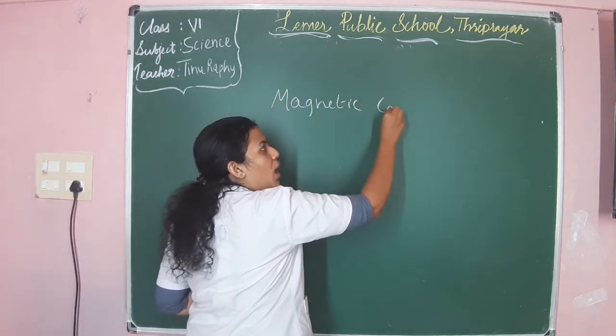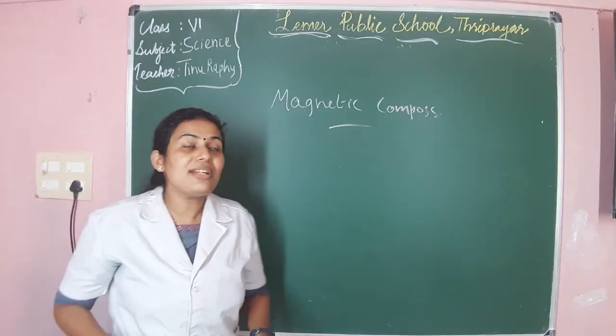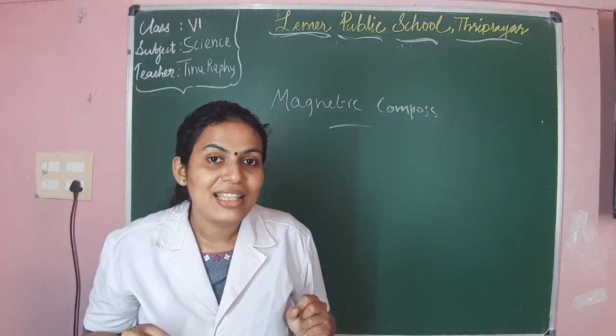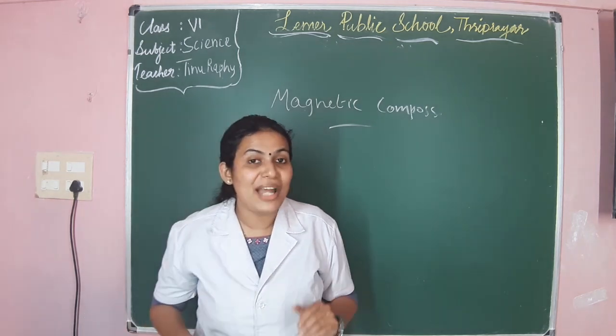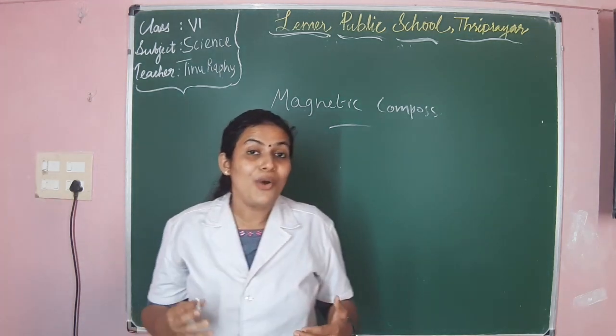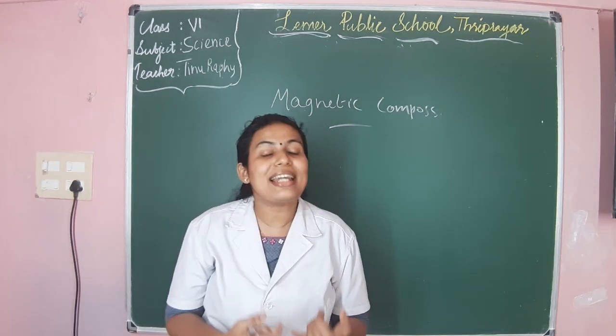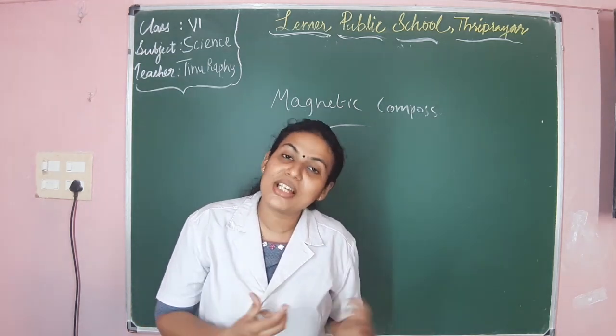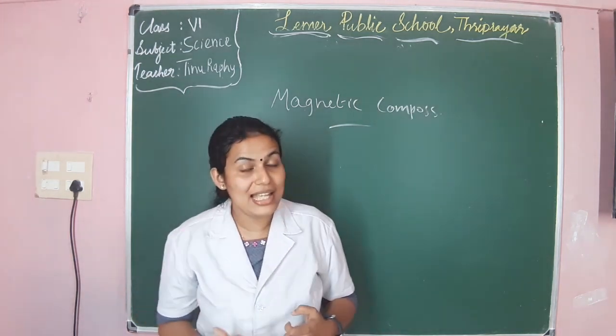Magnetic compass. Dear children, have you heard about the word compass? Yes, not the compass that we use in geometry. You may have heard about the compass which sailors use while traveling through the sea for navigation purposes. Have you heard of such a compass? Yes, isn't it?